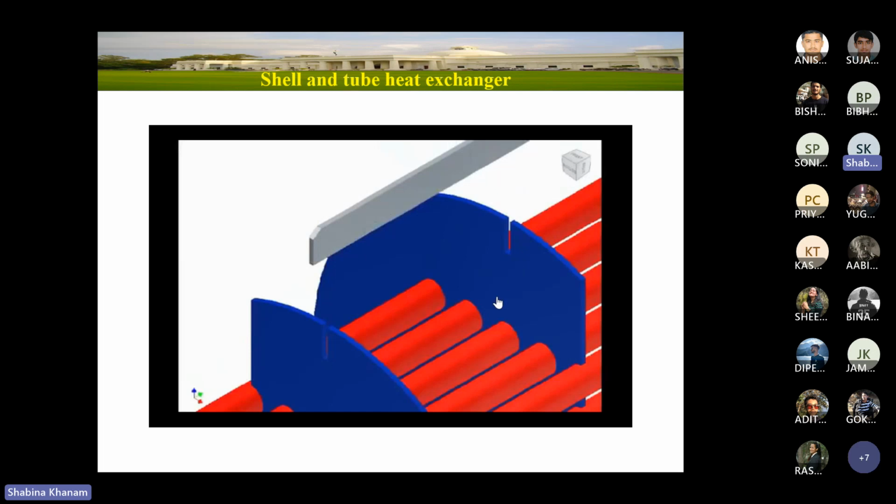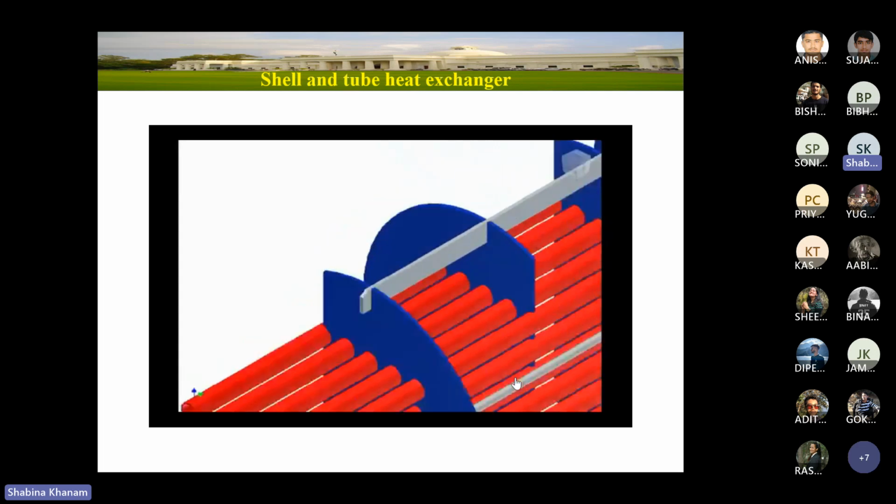Otherwise, with high flow in the shell side, baffle movement may occur, because there is a certain gap between the outer diameter of the tube and the holes made in the baffle. That space is quite significant so that baffles can be inserted properly, and therefore slight displacement of the baffle may occur. Because of that, support plates are used to hold them, which you can see are placed like this.